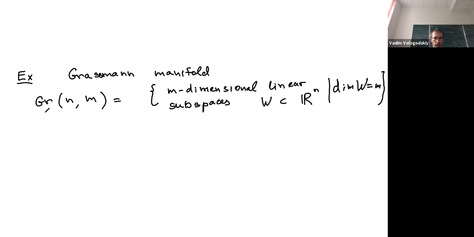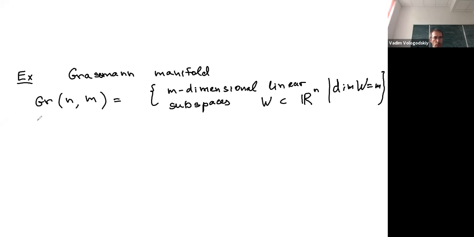I defined this as a set, and I will define a topology and the smooth structure on this set at the same time by providing a smooth atlas.